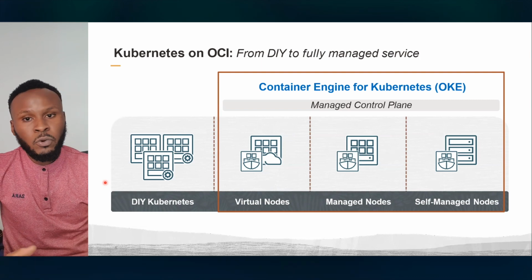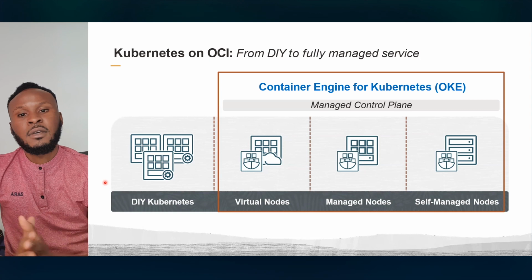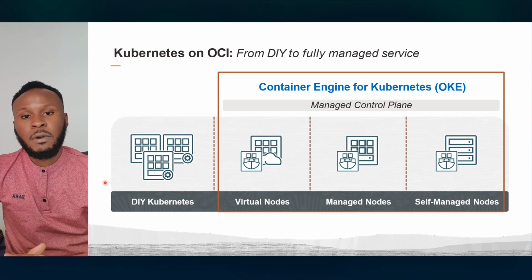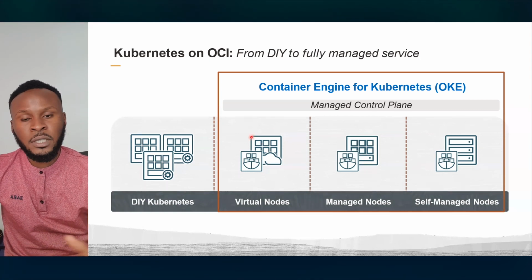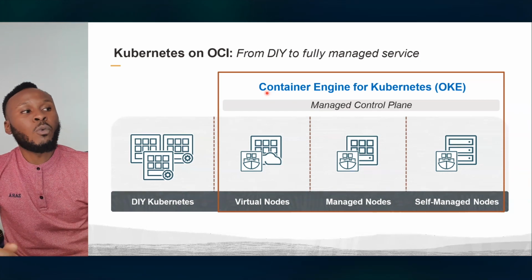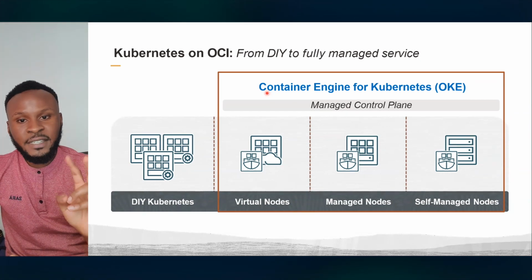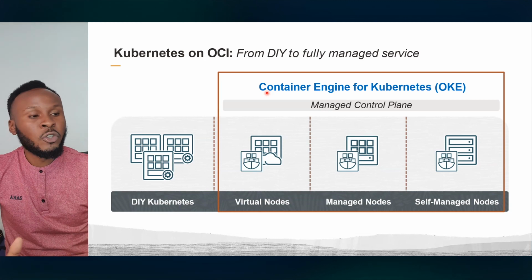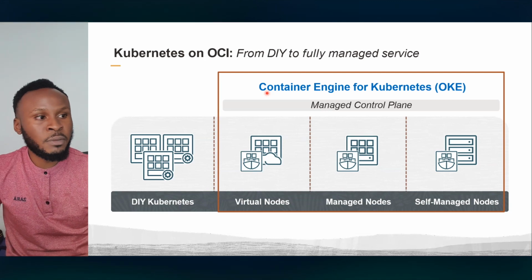And then when you go to our OKE service, the control plane, or rather what you would call the master node, is managed by Oracle on your behalf, regardless of the type of worker nodes you go with. And now for the worker nodes, or rather what we call the data plane within OCI, you have different options. So this is what we've been discussing.